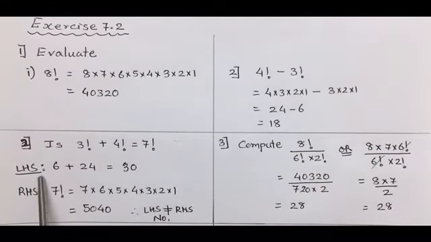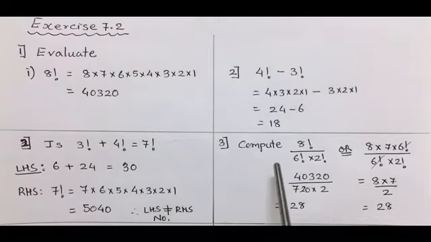That is the value of LHS. Taking up RHS, calculating 7 factorial, it is from 7 till 1 the product, and that gives 5040, the value of RHS. So here you will find LHS is not equal to RHS. So both are not same. So it is not true.